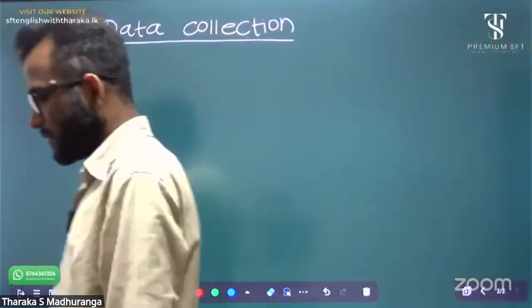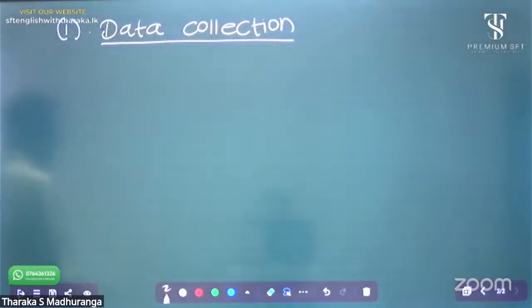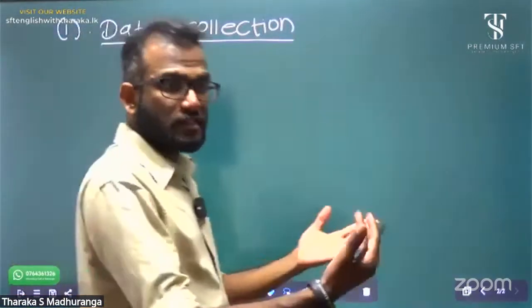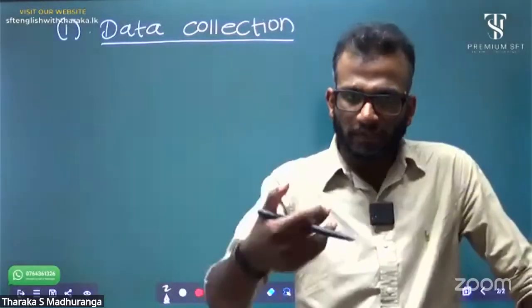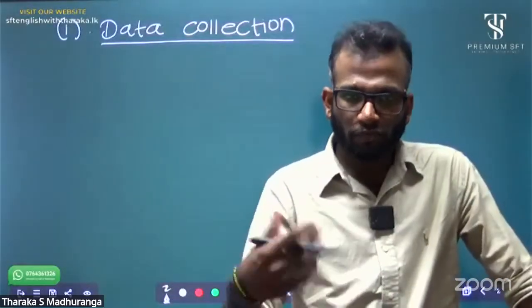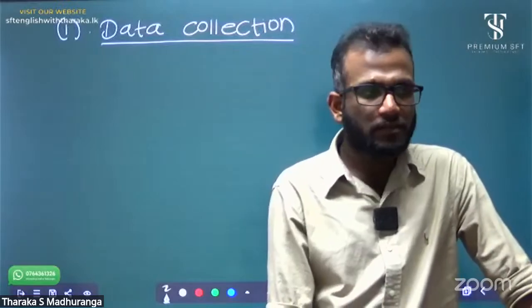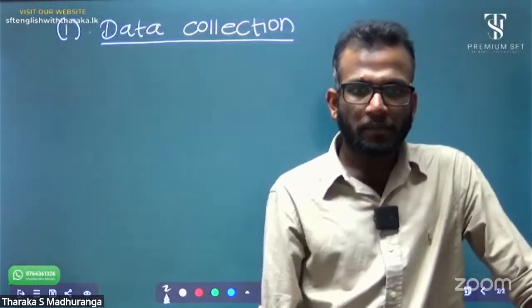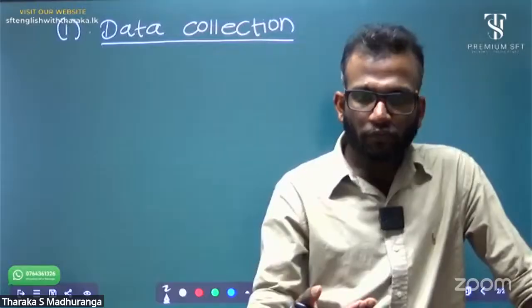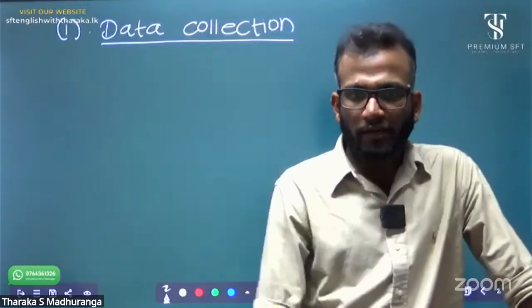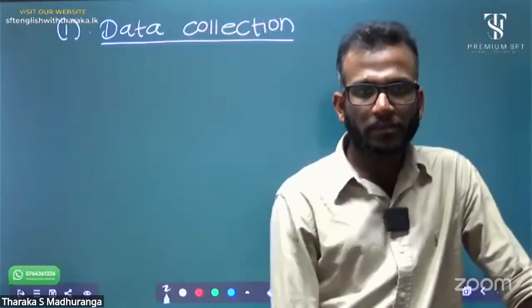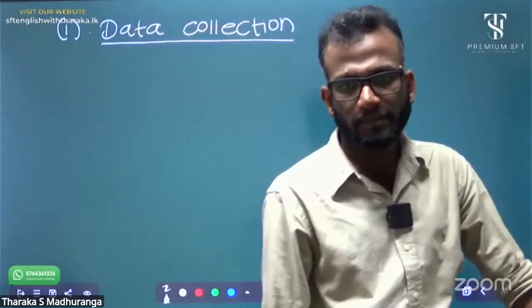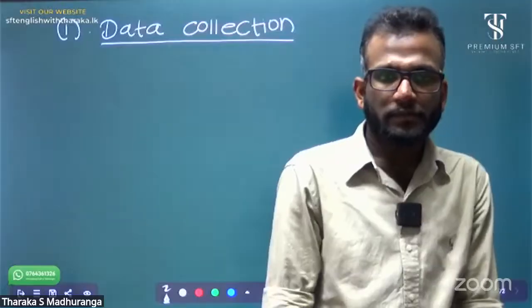Surveys. We can conduct surveys. Different types of internet-based surveys, and physically questionnaire-based surveys. We can make a list of questions and collect data from a particular group of persons.